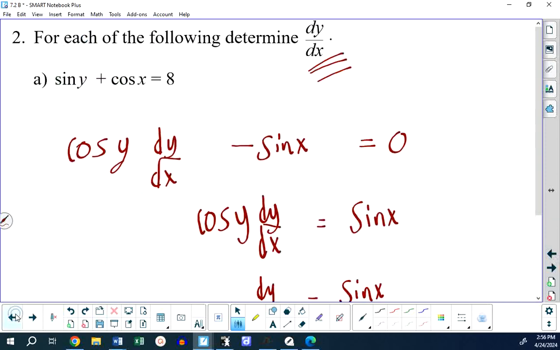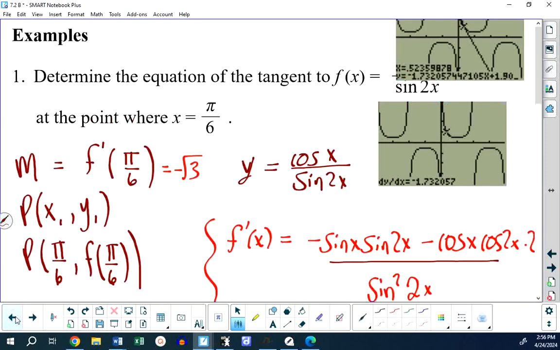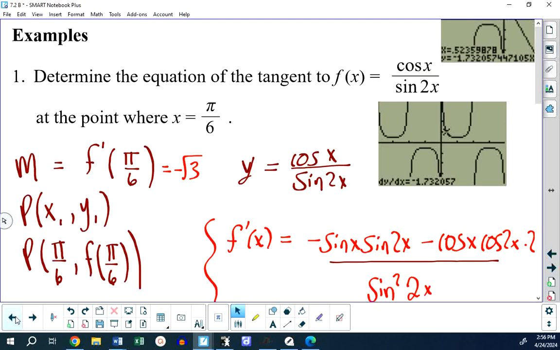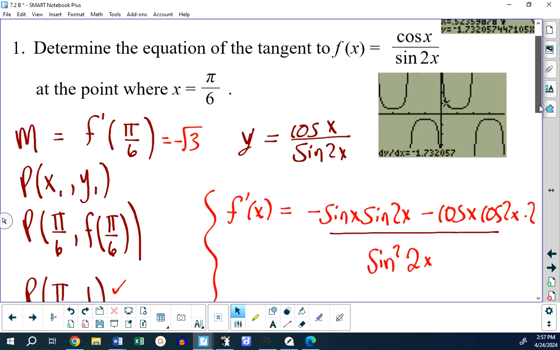And by the way, if you go back to this, and I'll be quick. If you go back to this, and nobody said anything, so I don't know. Maybe it didn't occur to anybody. We did not have to find the derivative by doing all of this.